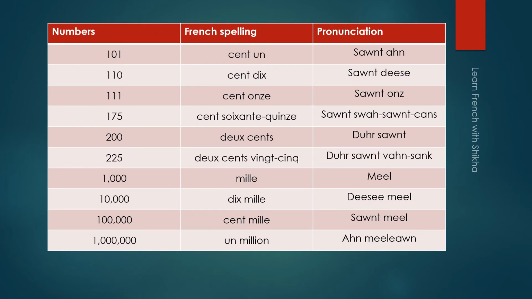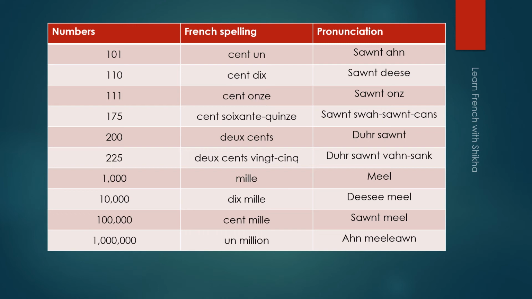So in this one we are going to do numbers from 100 onwards. The first number is 101. That is 100 plus 1, 101, cent un. Next number, 110. 100 plus 10.